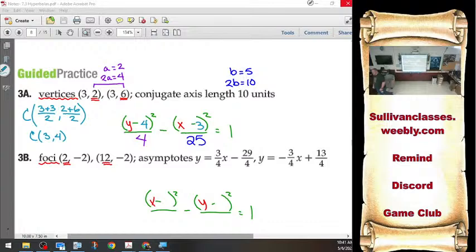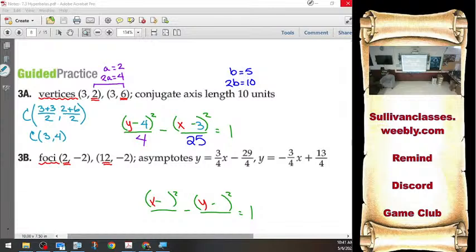Okay. Check out the first one. My vertices lie along the transverse axis. Transverse axis is 2a, so I already got my a for a squared. Because my vertices lie along the transverse axis and they are y units apart, that tells me y goes first.